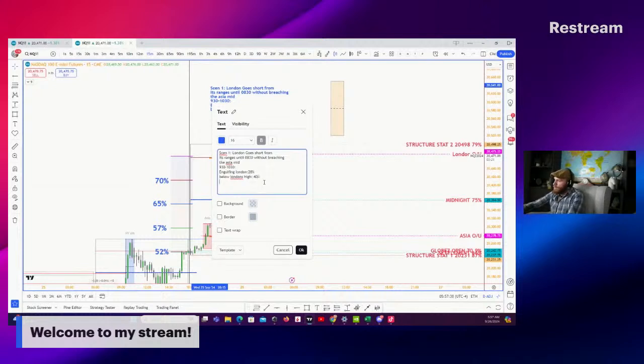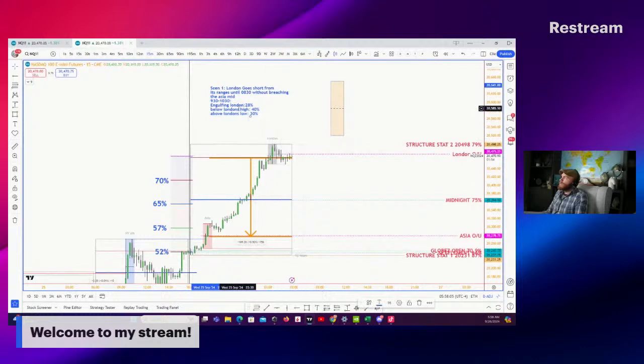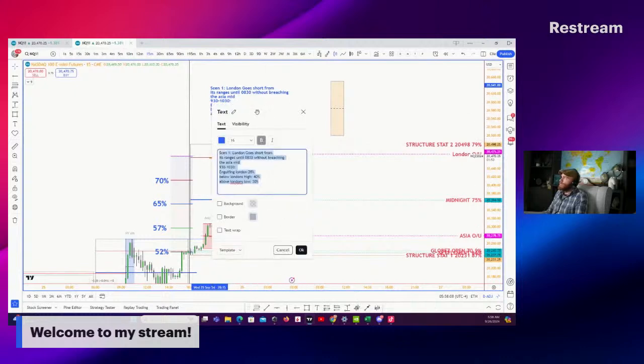And above London's low, so ICT-based traders hate DR, but DR supports them so well if they just learn how to use it. 14, 11, 24, 25, 30. All right. So this is scenario 1.